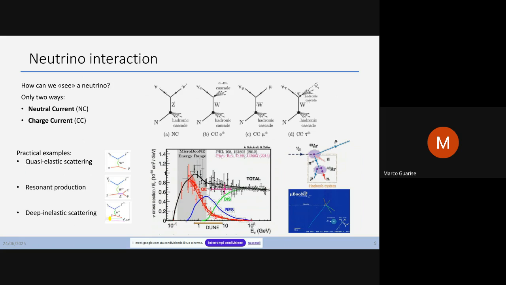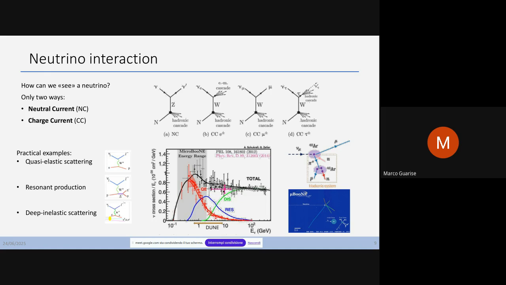With the Z0, they interact via the neutral current, or otherwise, if the boson is the W, we have a charged current, and as you can see here, the electron neutrino is associated with the electron, the muon neutrino with the muon, and the tau neutrino with the tau.